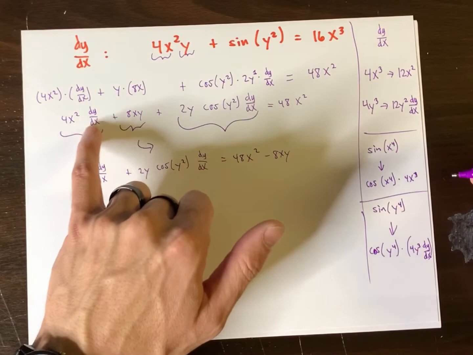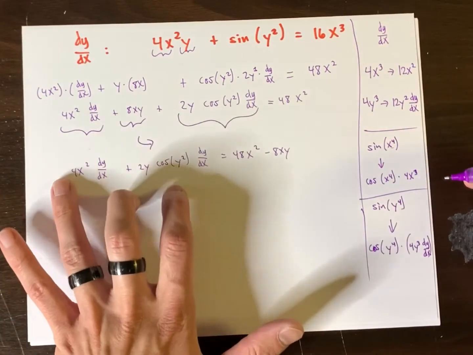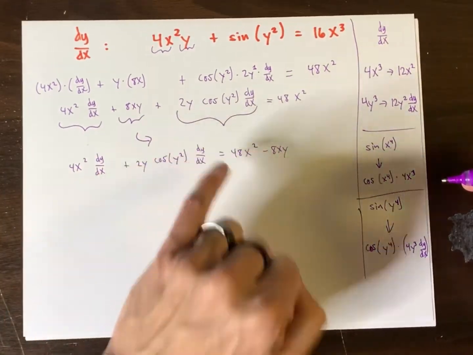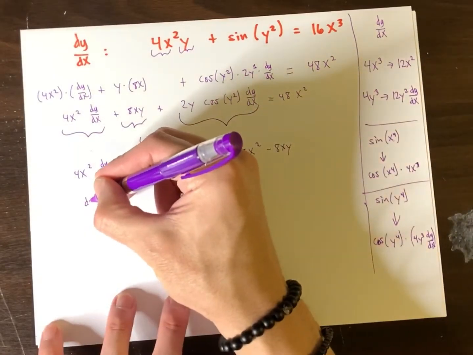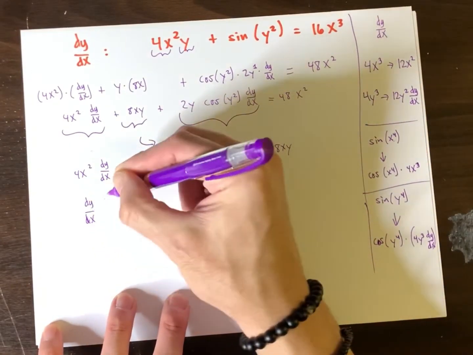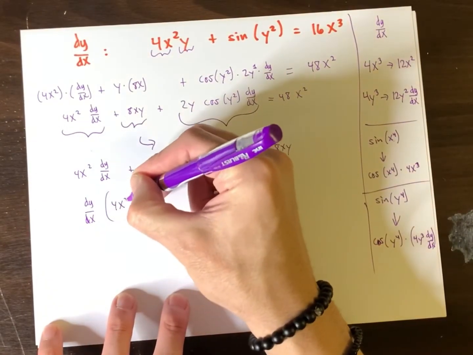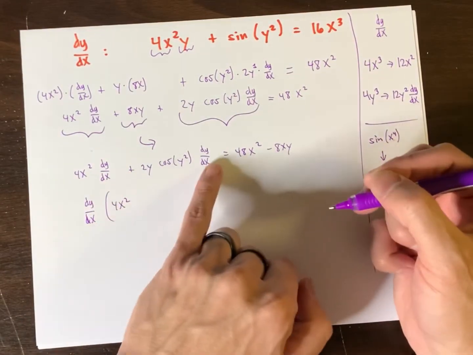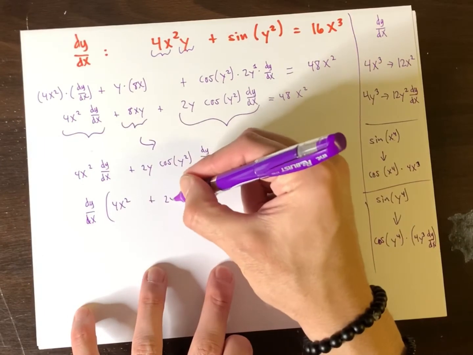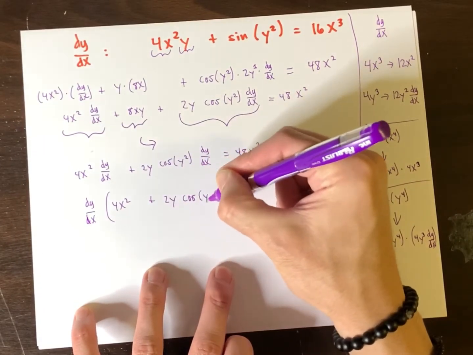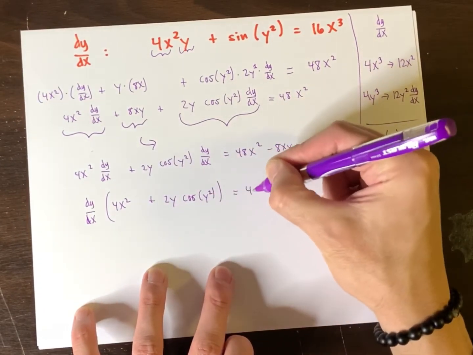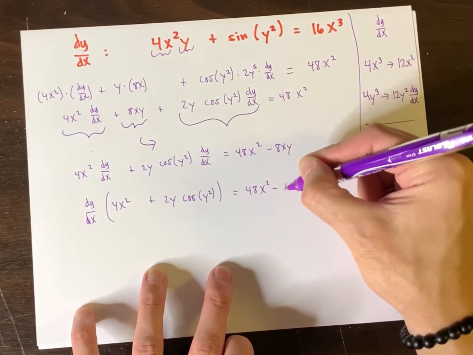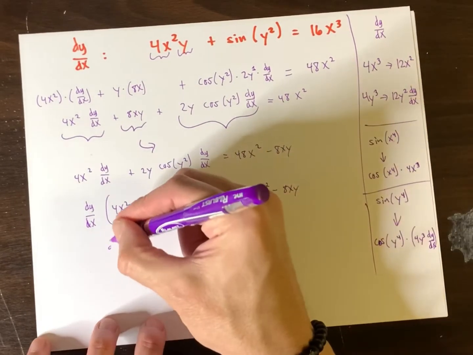Only the pieces that have a dy dx I leave on the left, because now I'm going to factor out a dy dx as a greatest common factor. If I factor out dy dx, I'm left with 4x squared, which is just this piece here. And if I remove dy dx from this, I'm left with plus 2y cosine of y squared, equals all of this gibberish over here.